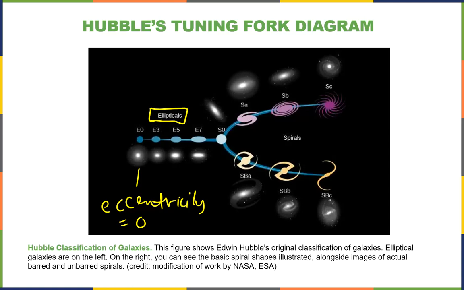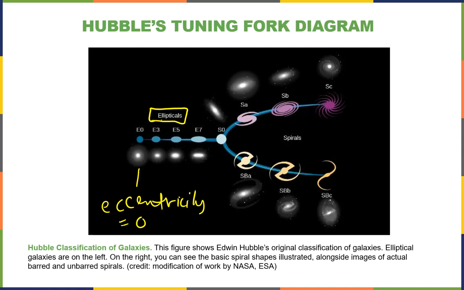And so the ones with really tight windings he called A, the ones with very loose winding he called C, and the ones in between, which is where both we and the Andromeda Galaxy fall, called B. And so the upper arm is spiral A, spiral B, and spiral C. And like I said, our Milky Way galaxy is a spiral B.